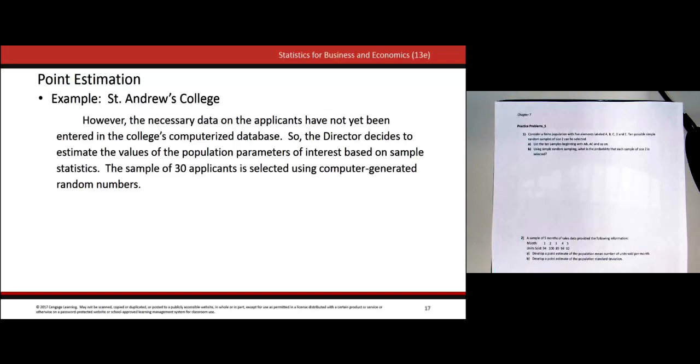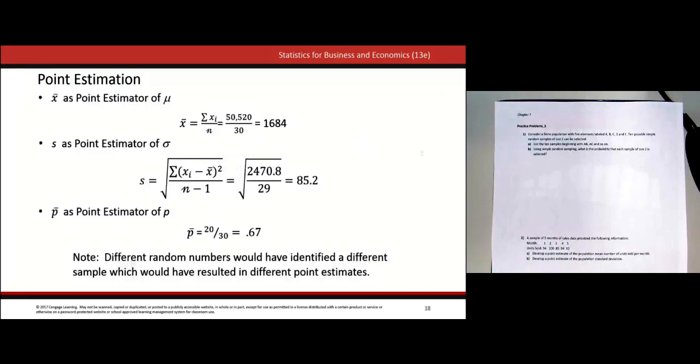A sample of 30 applicants is selected using computer-generated random numbers. And these are the sample results based on those 30 applicants. Sample mean is 1,684, then the sample standard deviation, and the sample proportion that wants to live on campus.